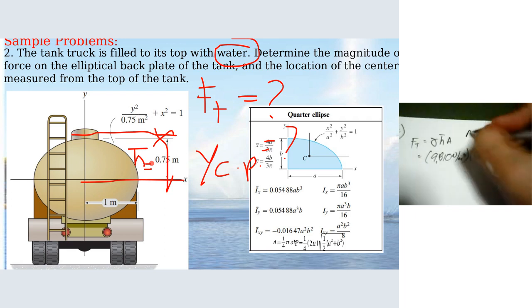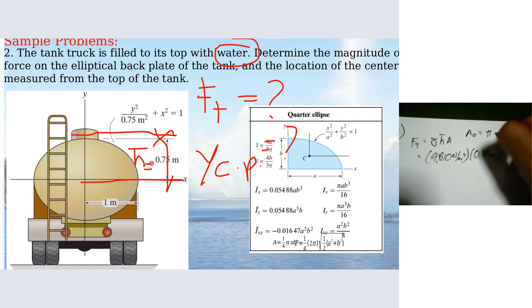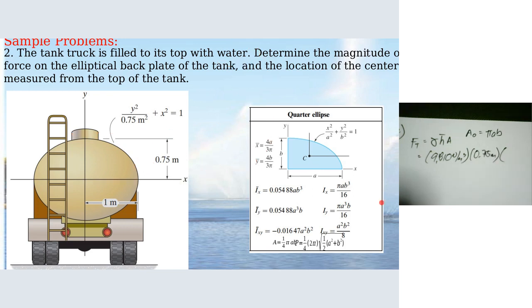But how do we get the area of an ellipse? So the formula is pi AB. So in this figure, this is A and this is B. Yes, John Ma.